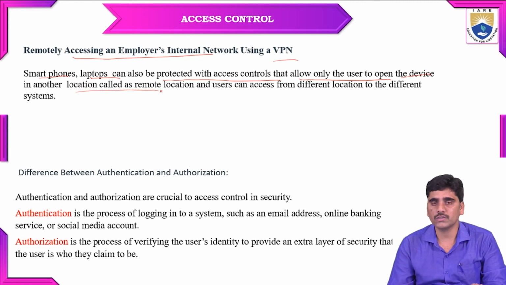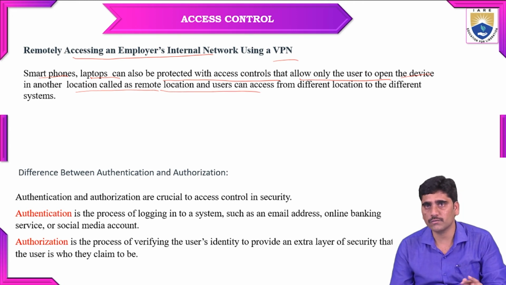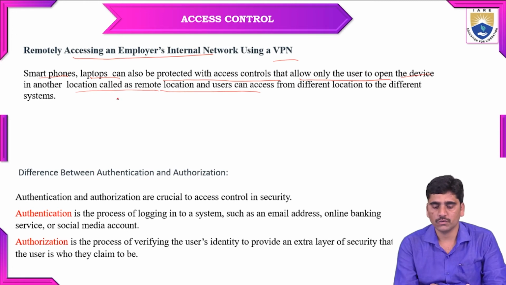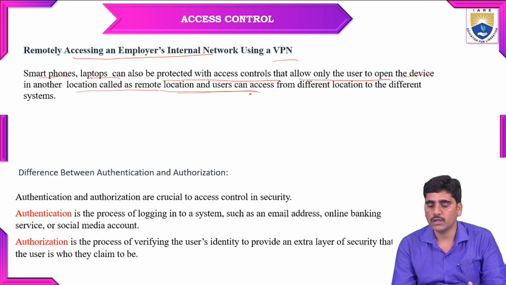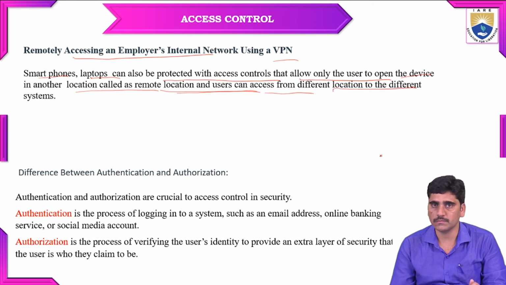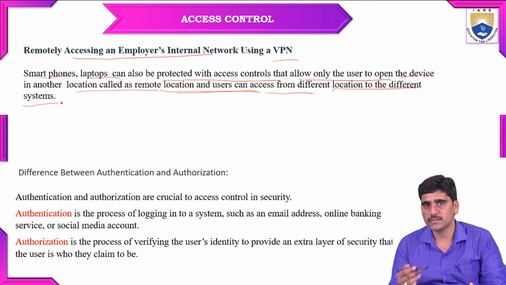The person may be here, but the device is outside the city or country, so the person can access the device remotely with the help of some methods. That is remotely accessing an employer's internal network using a VPN. Users can access different systems from different locations. These are the logical access controls.